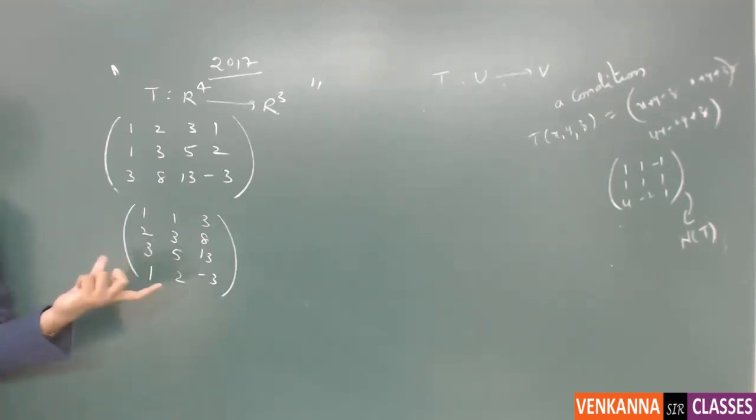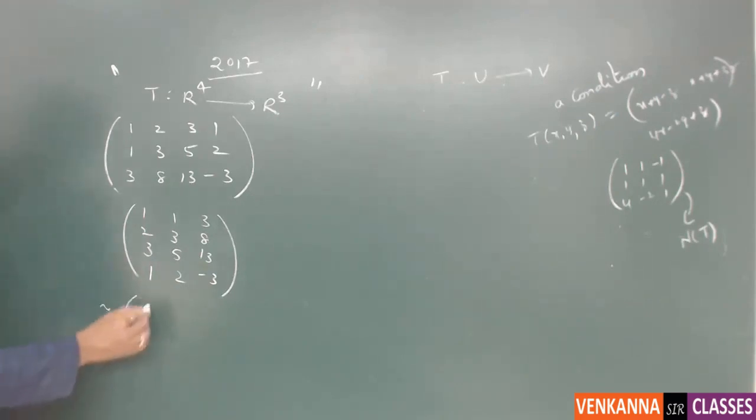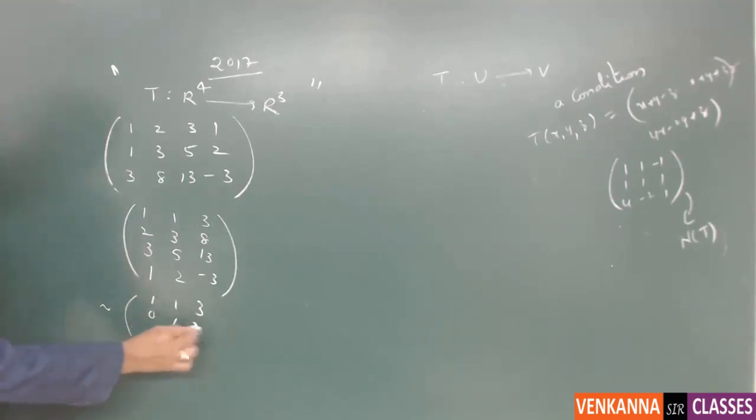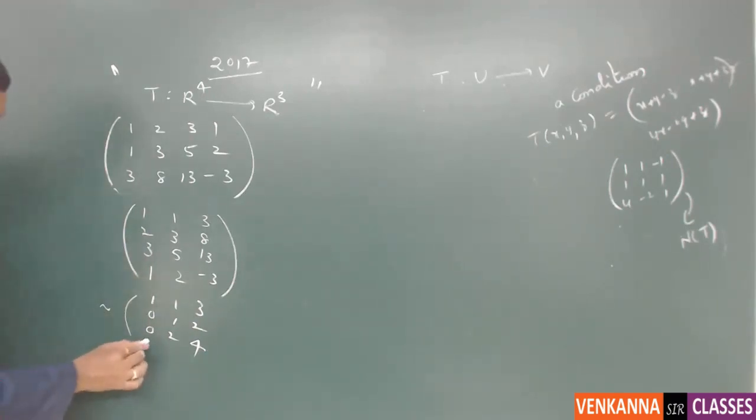So let us reduce that into echelon form, and applying the operations you are going to get 1 1 3, 0 1 2, 0 2 4 and 0 minus 3 minus 6. So again we apply the row operations on it, and based on this we will calculate the respective solution.